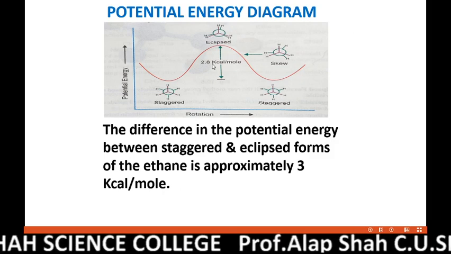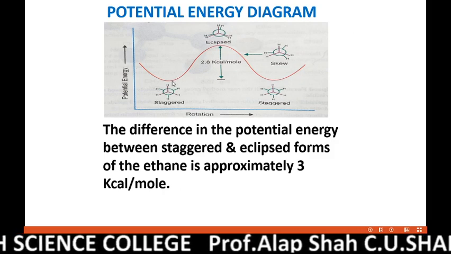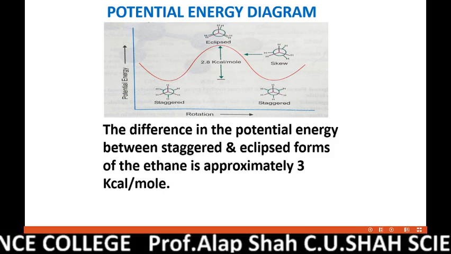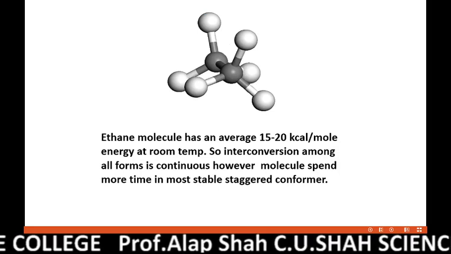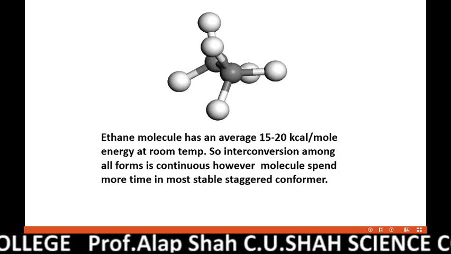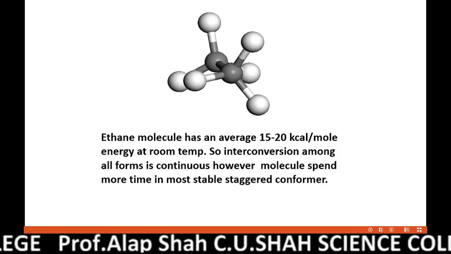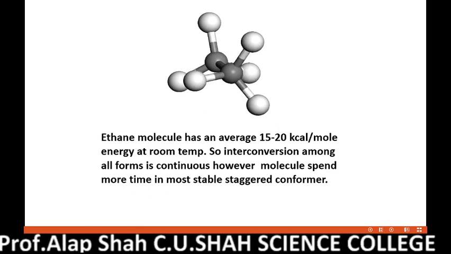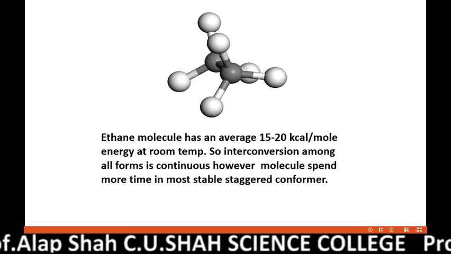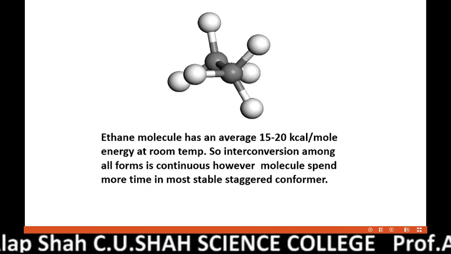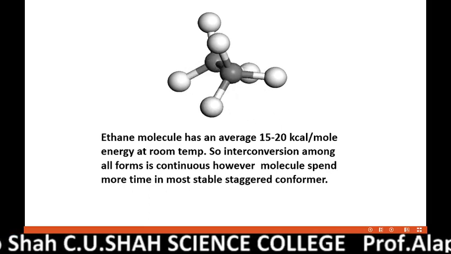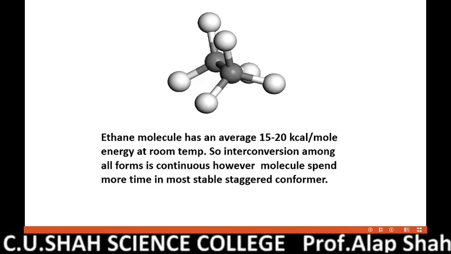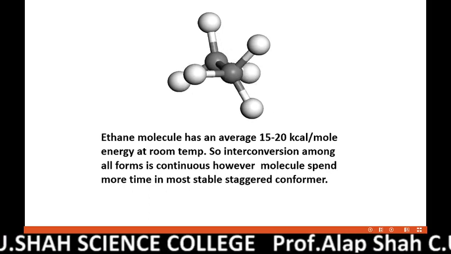So this is called conformational analysis of ethane. In other words, we can say that conversion of staggered to eclipse requires 3 kilocalorie per mole of energy. Now, at any time an ethane molecule possesses 15 to 20 kilocalorie per mole energy, while to convert from staggered to eclipse it requires only 3 kilo, so the molecule possesses almost 5 times the energy, and that's why, as shown in this figure, this interconversion is continuous.